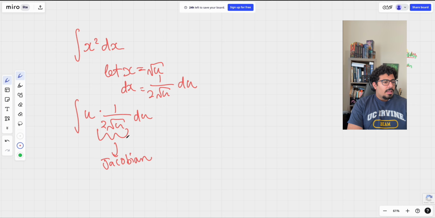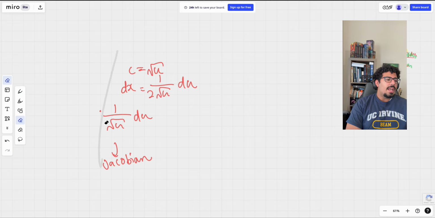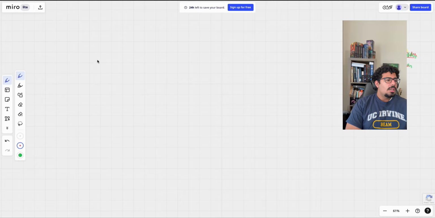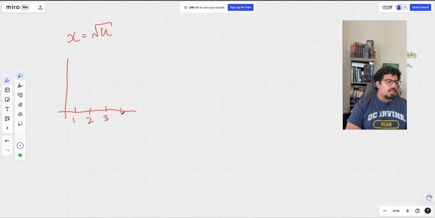Concretely, let's visualize what this coordinate system shift is using the x and y axis. Suppose the coordinate shift is x equals the square root of u. This is our regular coordinate system: x equals 1, x equals 2, x equals 3, x equals 4. This is the x-axis, that's the y-axis. But now, in our u versus y-axis, this is x equals 1.